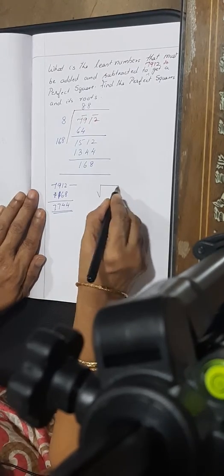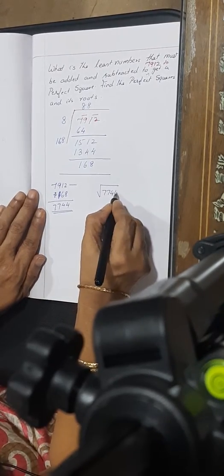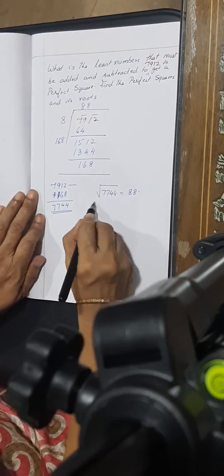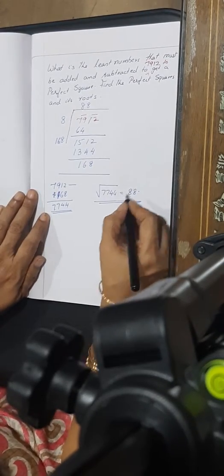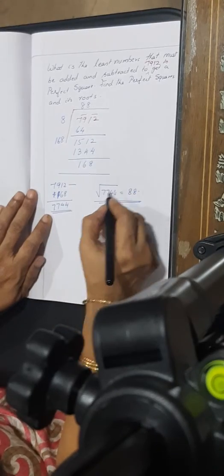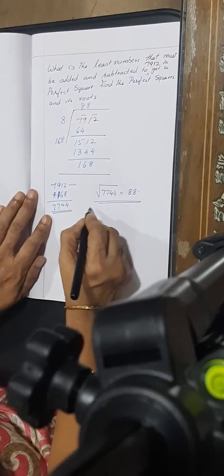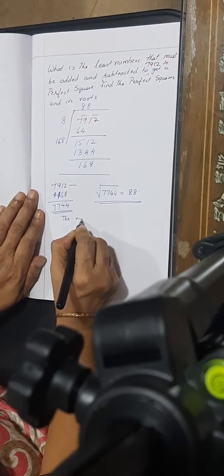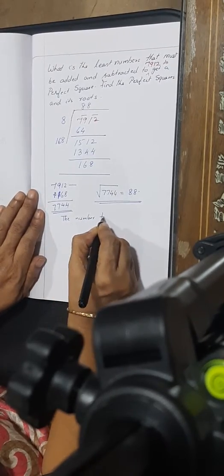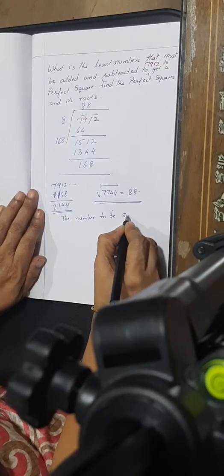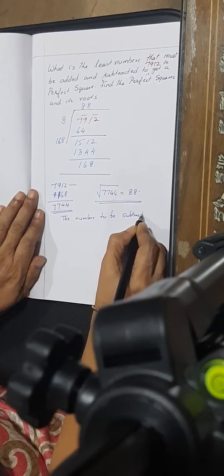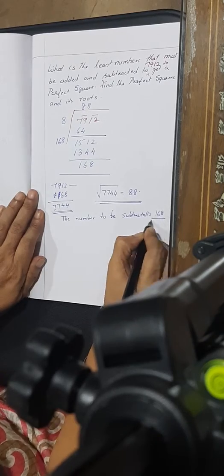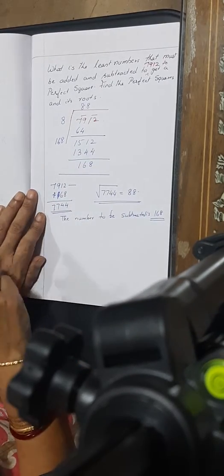So root of 7744 will be 88. So the number to be subtracted is 168, the remainder. Now to find what must be added.